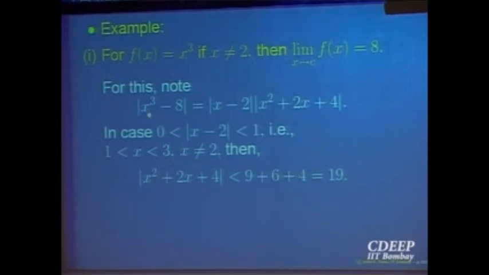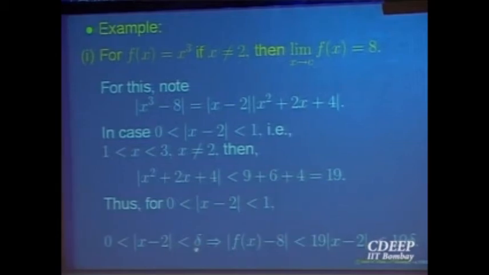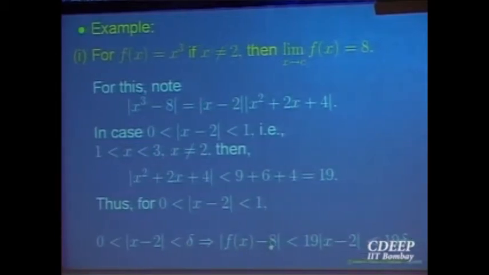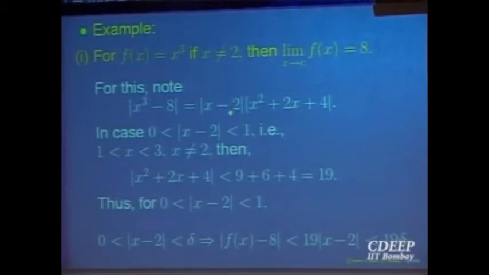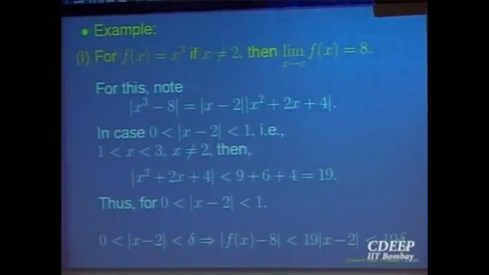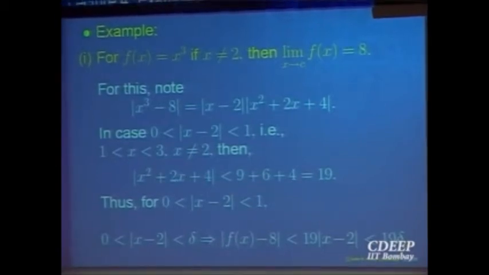So I get an estimate for f(x) minus L: if |x minus 2| is less than delta, then |f(x) minus L| will be less than 19 times |x minus 2|, that is going to be 19 delta. So in case my |x minus 2| is less than delta, then |f(x) minus L| is going to be less than 19 delta.